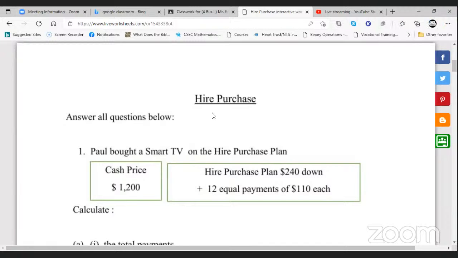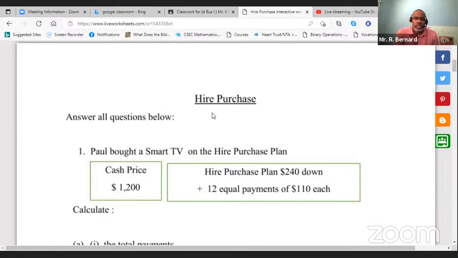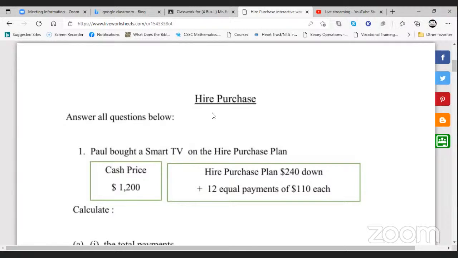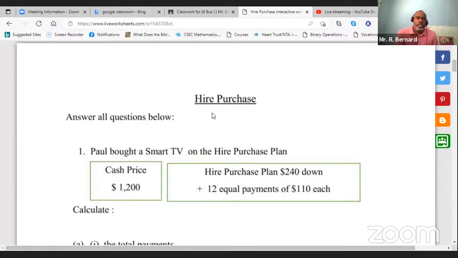Paul bought a small TV on a hire purchase plan. Cash price $1,200. Hire purchase plan: $240 down plus equal payments of $110 each. Plus what? You said plus equal payments.